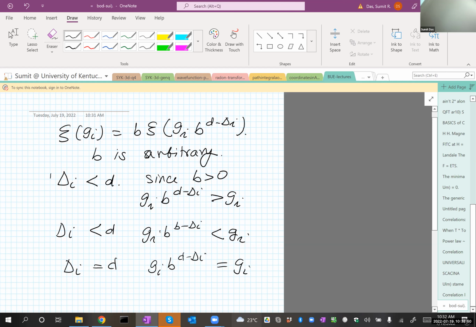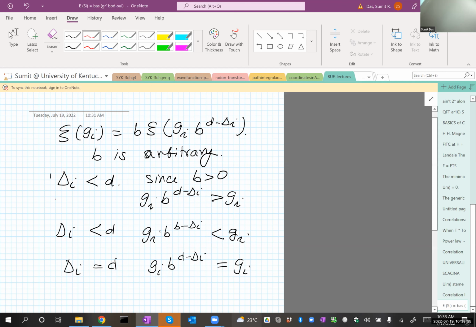What does this mean? This means that those parameters which characterize the theory, characterize the material which I'm dealing with, each of these parameters come with a number, which is lambda i. It's called a scaling dimension, but never mind, whatever it is called. And depending on whether that number is smaller or larger than d, the behavior of this parameter under rescalings is very different.